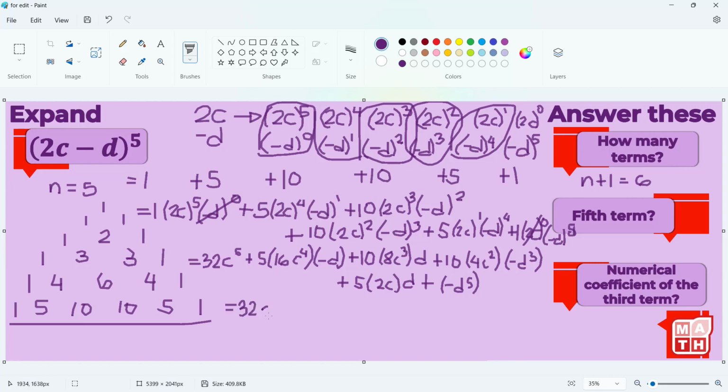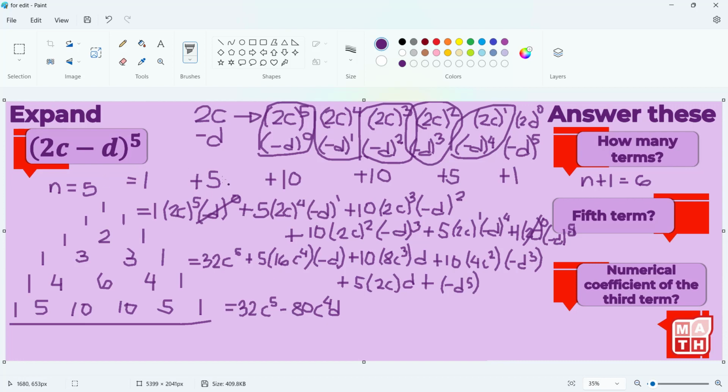Okay, so finally, let's combine everything here. 32c to the power of 5. Then 5 times 16 is 80. But take note of a negative sign here. So negative 1, so minus 80. As you can see, the negative sign prevailed. c to the fourth d.